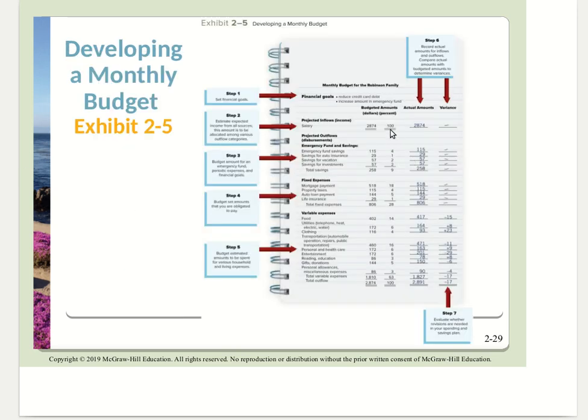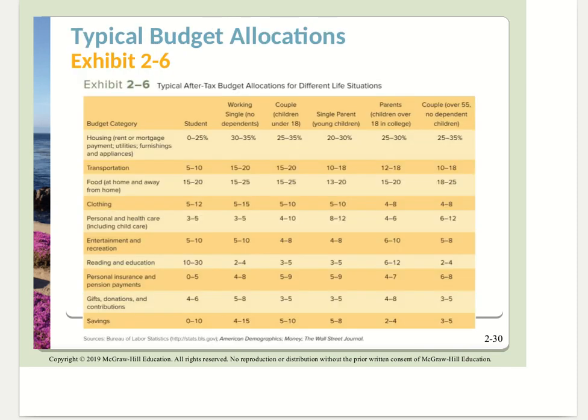This is an example of a budget. In other words, here's my plan, and then what you do is you capture, here's what my actual is. This is where the record keeping becomes so key. This is giving you typically how much to set aside for various expenses as you age and as your stage of life changes.